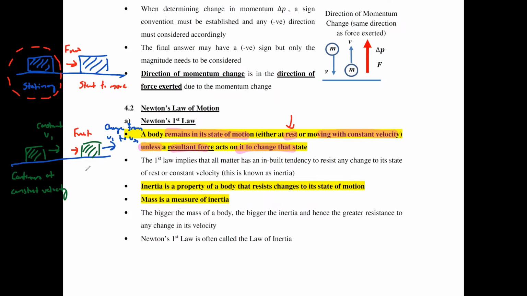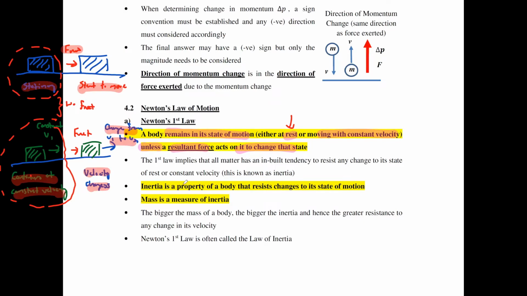Because you start to have a net force acting on it, velocity changes. So if I didn't have a net force, this one will remain stationary, and this one will continue at constant velocity. But the moment I start to have a net force acting, a stationary object will now start to move. An object that was previously at constant velocity will start to have its velocity changing from one value to another.